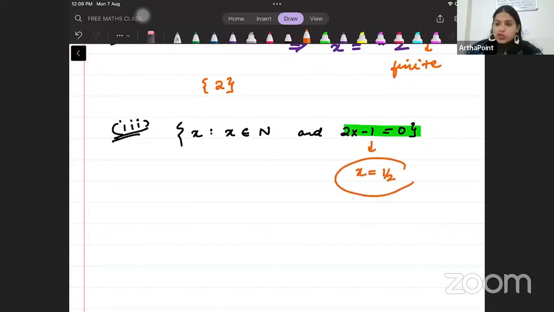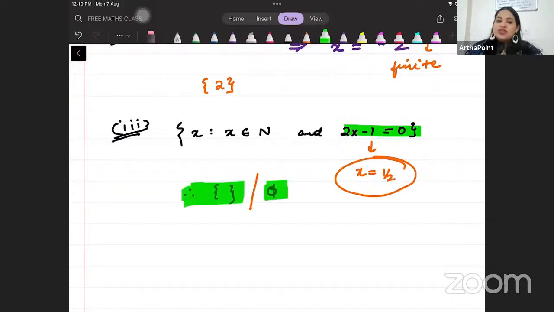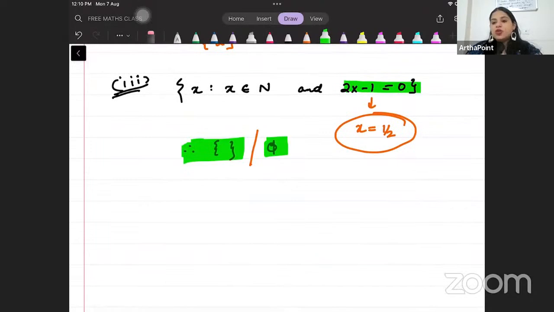But half is not a natural number. Natural number should have been 1, 2, 3, etc. So therefore ये जो set बनेगा ये एक null set होगा. It will be a null set. Either represented like this or like this. Right? So beta, since it is a null set, we know that this is still finite. Therefore, finite. It is a finite set.